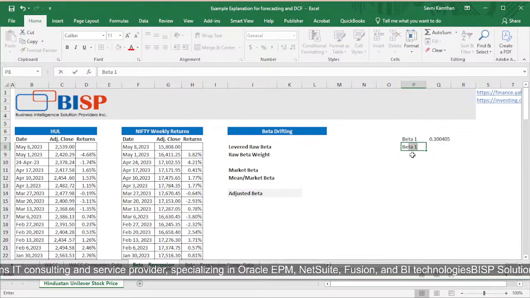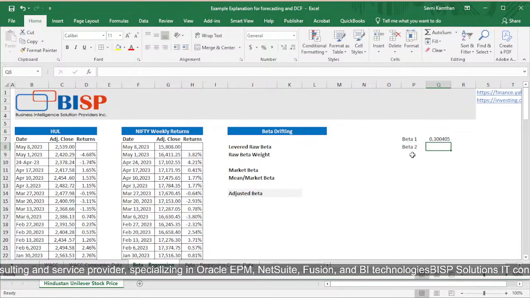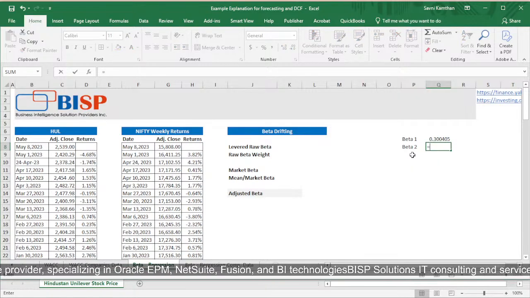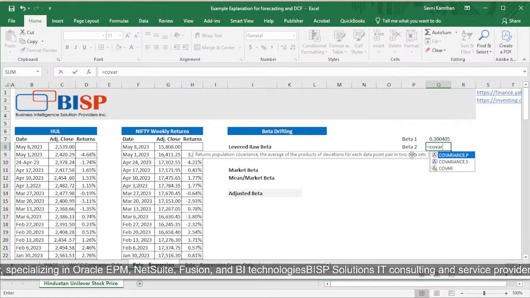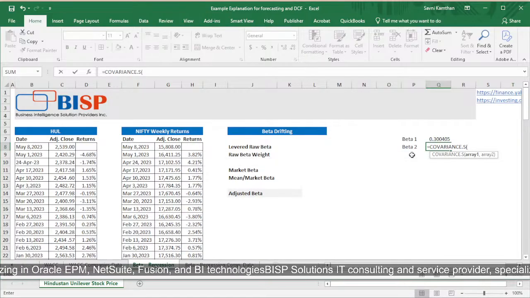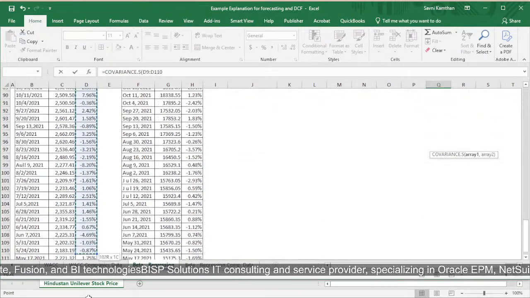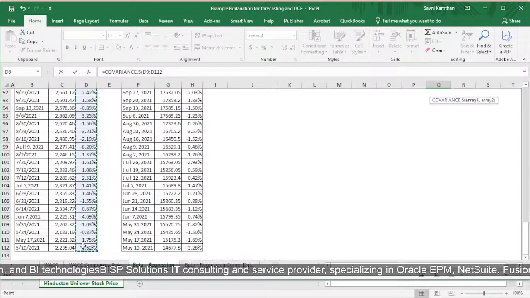Now if I want to calculate beta through the second method, what I have to do, I will be using my covariance sample, where it is asking me array 1, where I will be taking the same data from this.